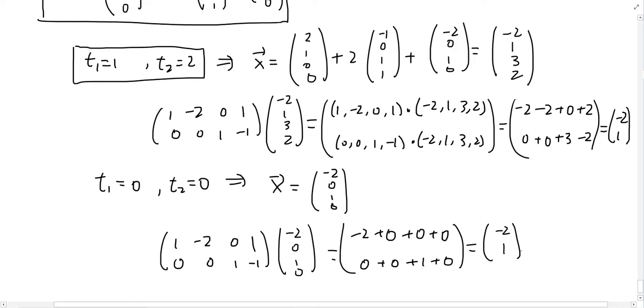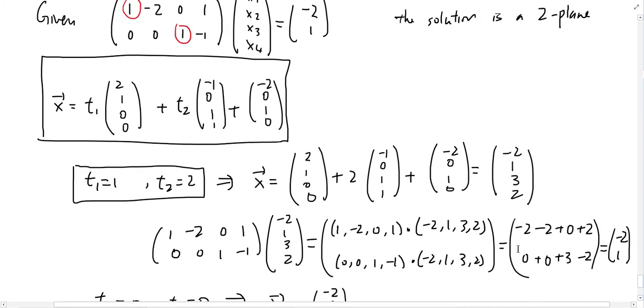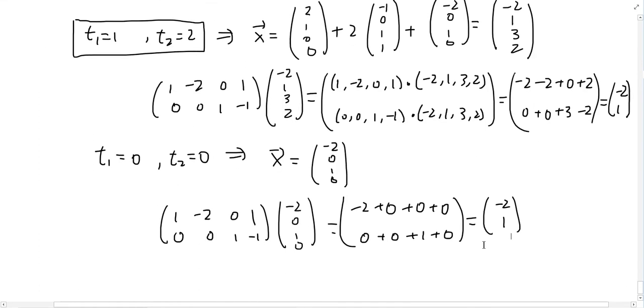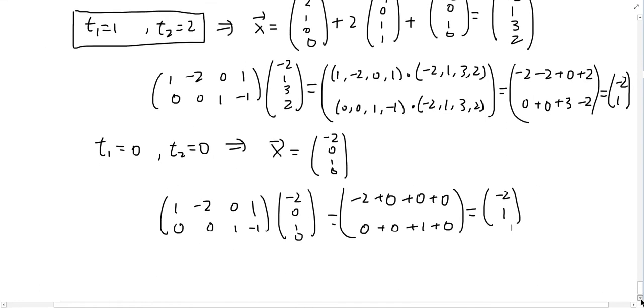As a matter of fact, an interesting thing to note: when you have a solution of a linear system in k-plane format, the position vector always satisfies the system itself.